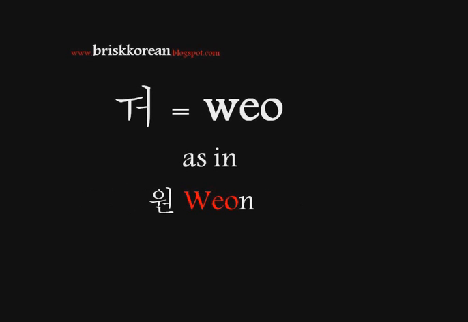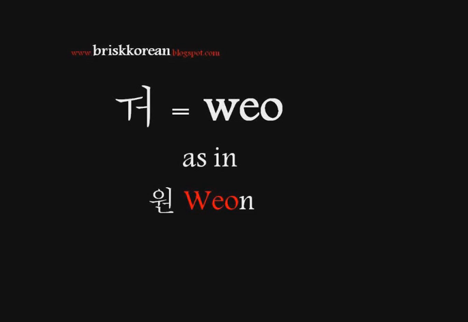Alright, for our next W diphthong, this is different now. We have the U sound and the O sound. U and O. We have wo. Here we have an example: won.